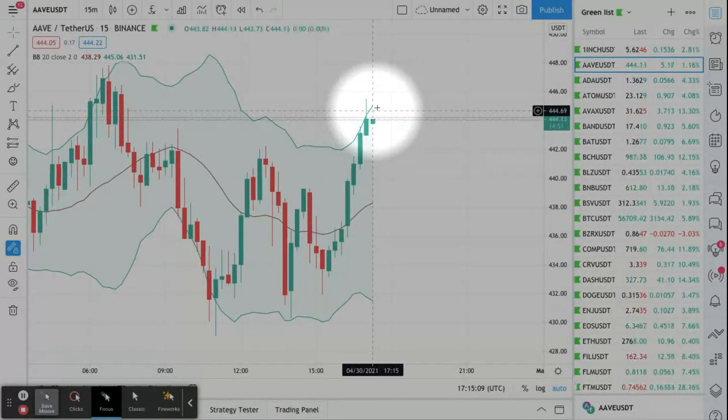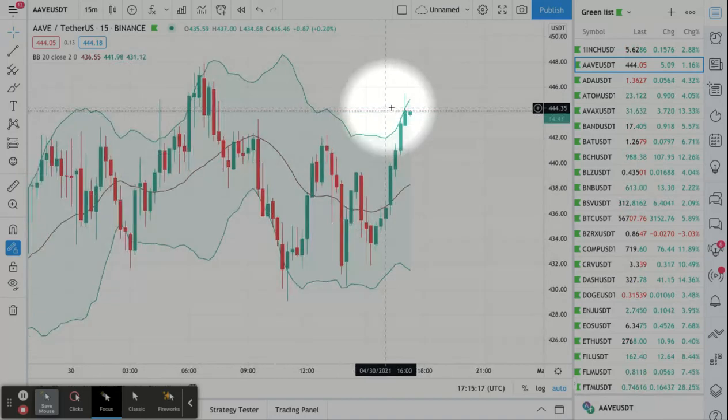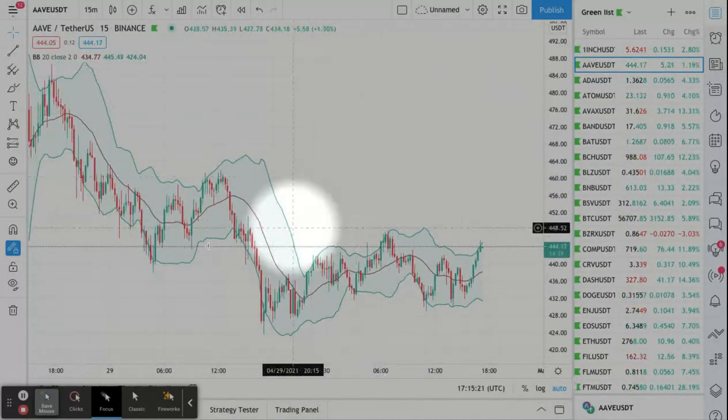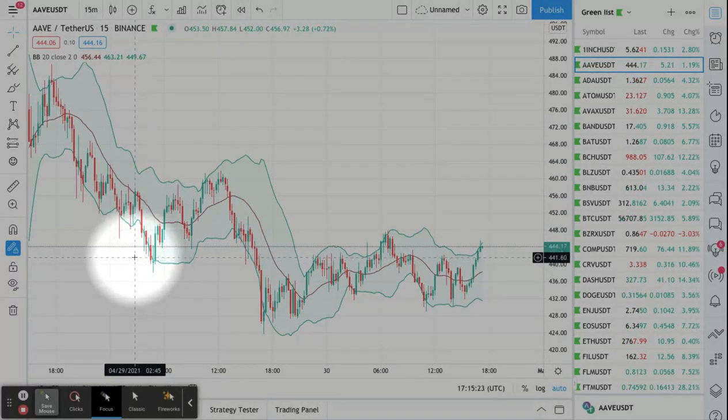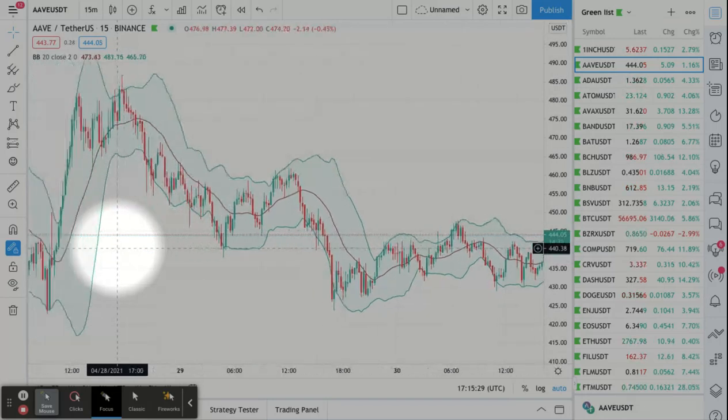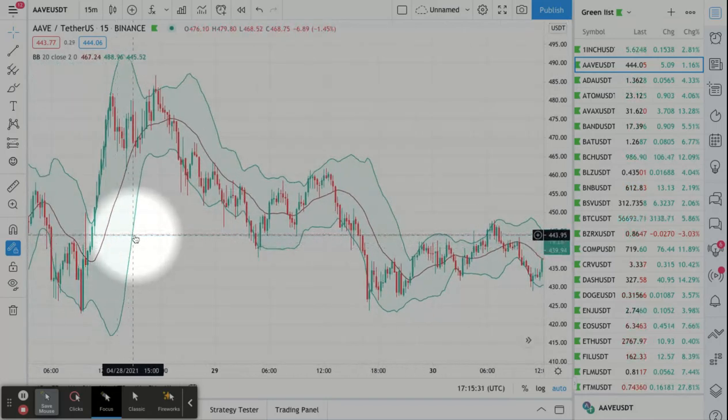It's riding that top band. Okay, and this is going to be the point where you pull in other indicators as well, and some more technical analysis. So I'm looking at this, I'm going all the way back out, and I could say, you know what, it's really close to some areas of support and resistance, kind of in this area.